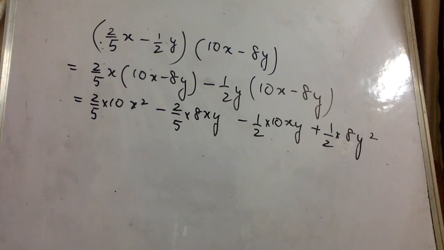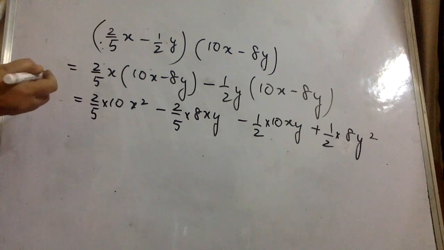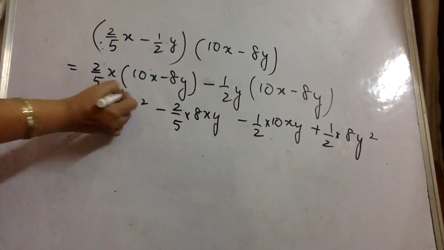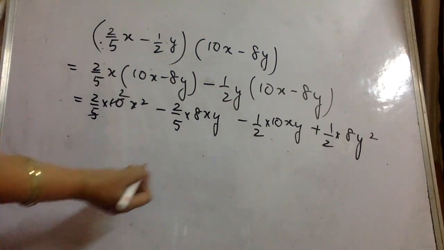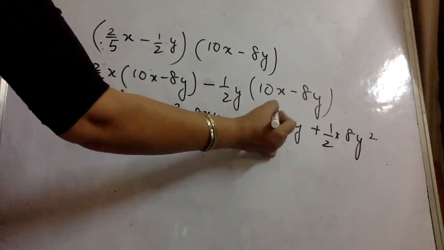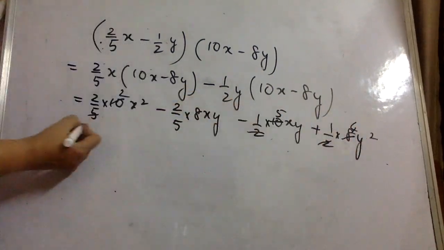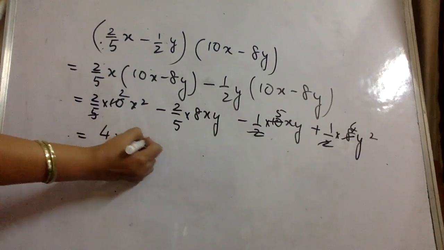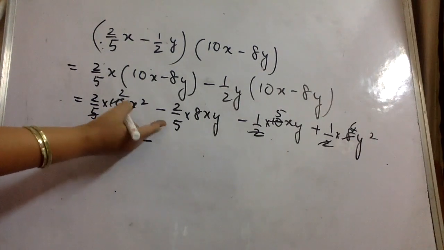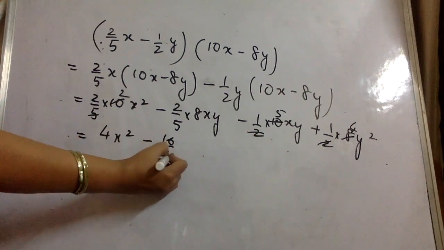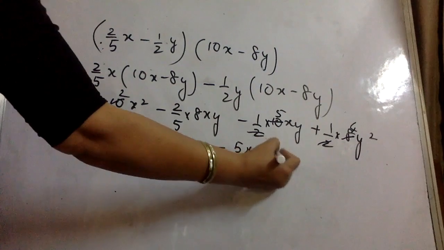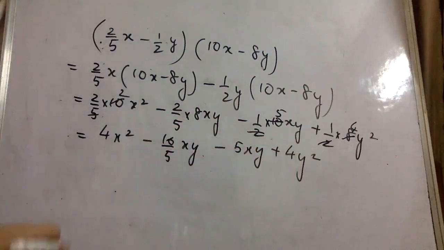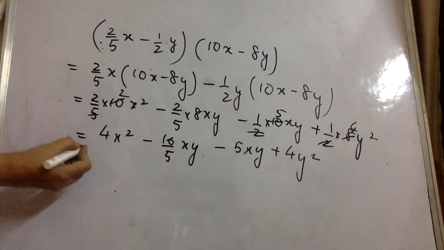Time to multiply the numbers, the fractions, and simplify it. So here there's nothing to simplify, we'll have to leave it. This is 4x square minus, this is how much? 16 by 5, can't help, we have to write it like that, minus 5xy plus 4y square. So what to do now?